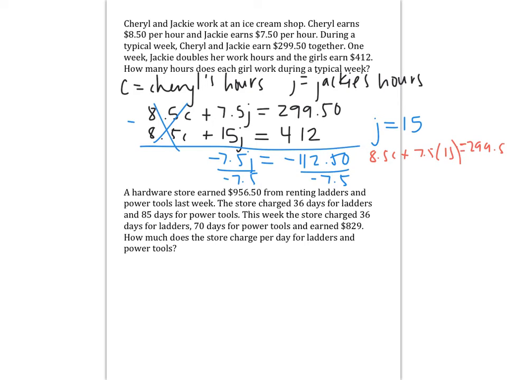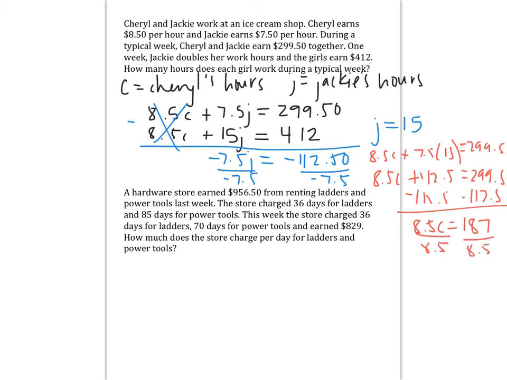So I'll have 8.5C plus 7.5 times 15, which is 112.50, equals 299.50. Then I'll subtract 112.50 and get 8.5C equals 187. Divide by 8.5, and you'll see this comes out to be even. So C equals 22. So Jackie works 15 hours, and Cheryl works about 22 hours on an average typical work week.